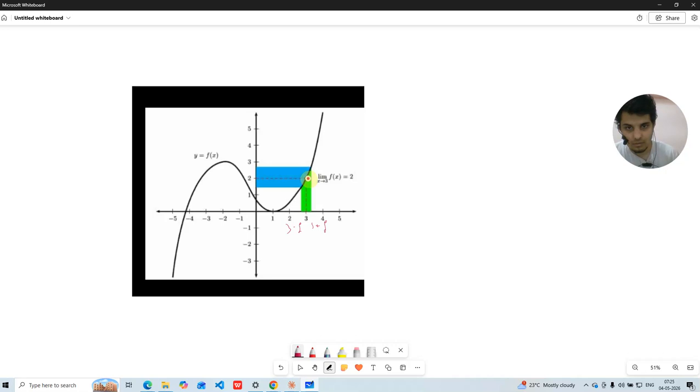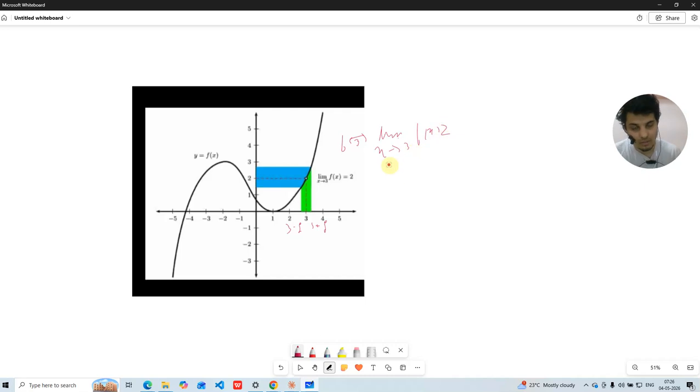And then we have, it's approaching f of 3, no, the limit as x approaches 3 of f(x) equal to 2.